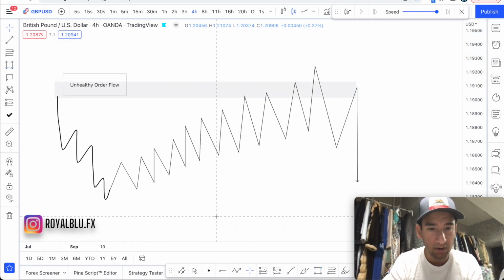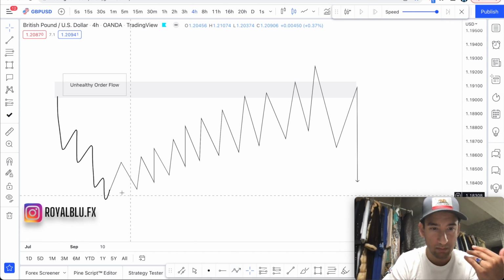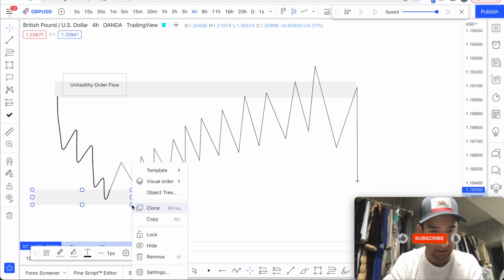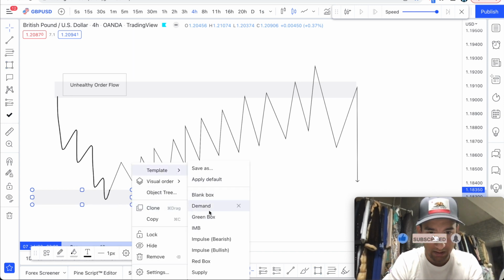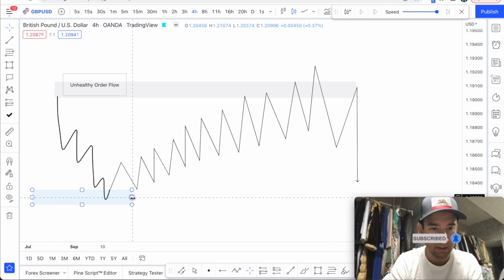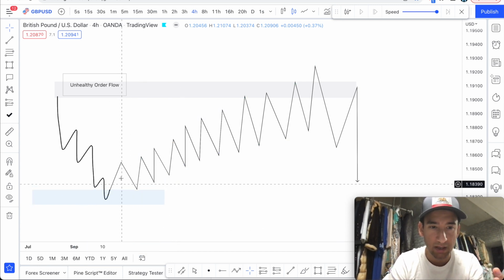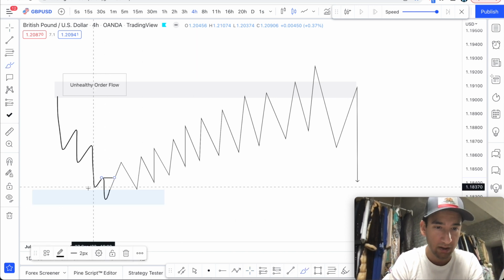Okay, so if we were to look to buy here at an area of demand, let's change this color like this. Say that price came to a demand area here, and we're now looking to take an entry once price changes, once we get that famous CHoCH that we all love, right?